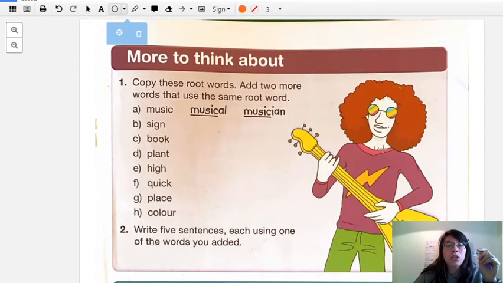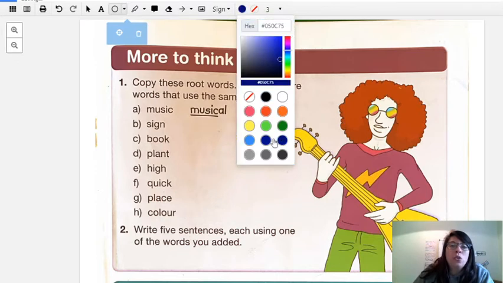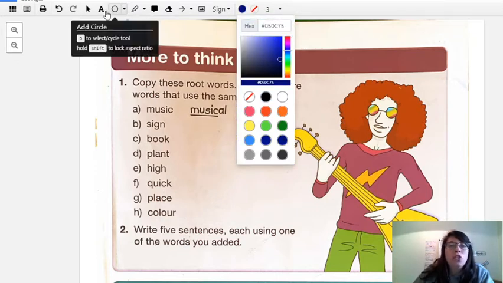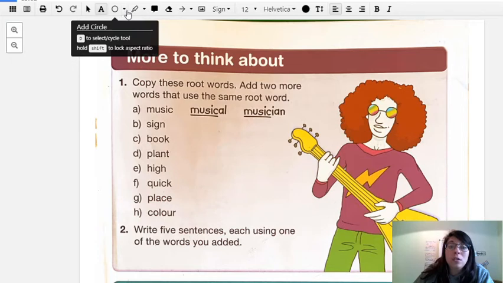I'm going to explain to you the second exercise that you have on the other page. It says, copy these root words, add 2 more words that use the same root words. For example, you take the word music, and you can change it to musical, and you can change it to musician.